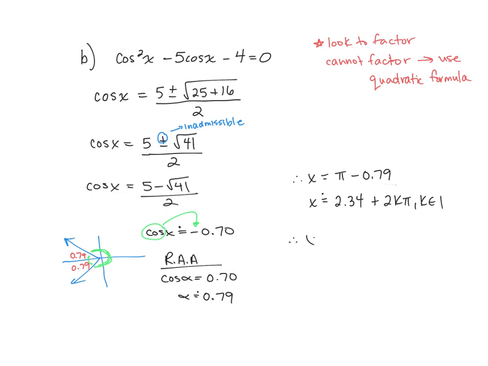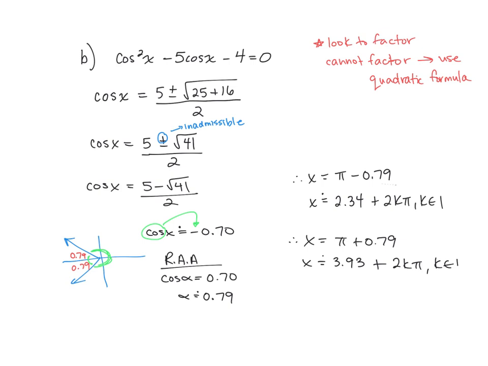And then I know that x is equal to pi plus 0.79. So 3.93 plus 2 pi k. K is an element of integers. So, a couple things which I think we should be pretty proud of, right?